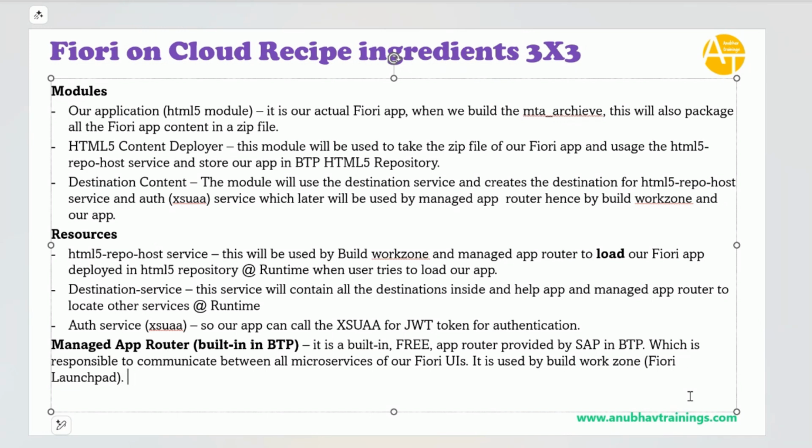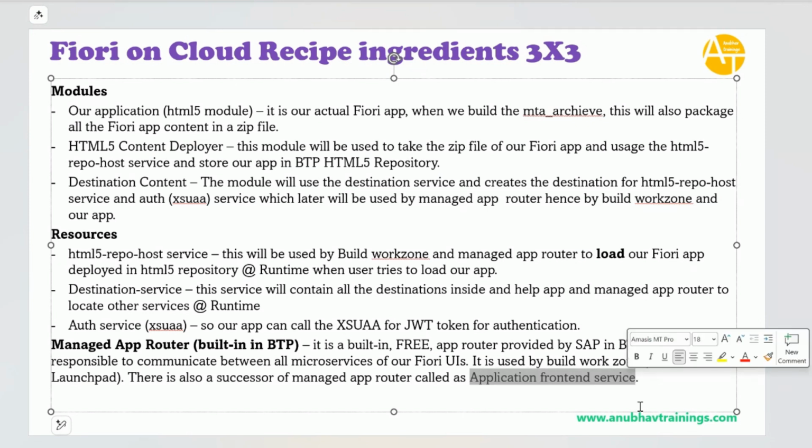Now, there is also a successor of the managed app router. Successor means SAP is adding some more features, extra stuff. The successor concept of the managed app router is called the application front-end service. I will cover this topic in the future, not today.